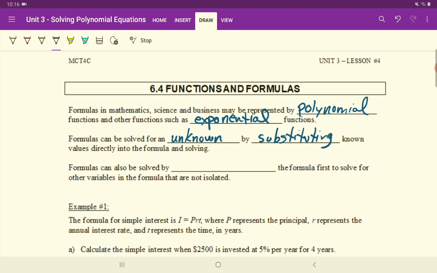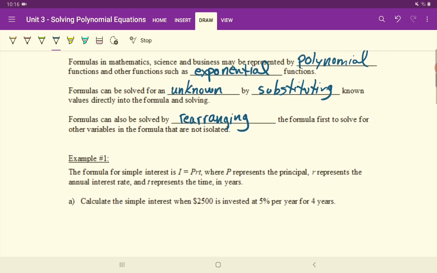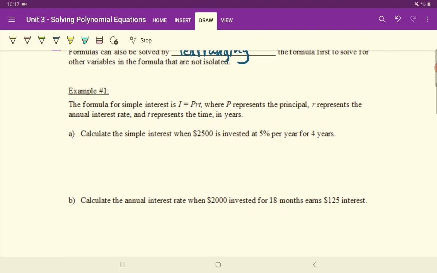Or straight from the beginning, you can isolate for a variable before you even substitute any values. You can already rearrange the formula. So formulas can also be solved by rearranging the formula first to solve for other variables in the formula that are not isolated.